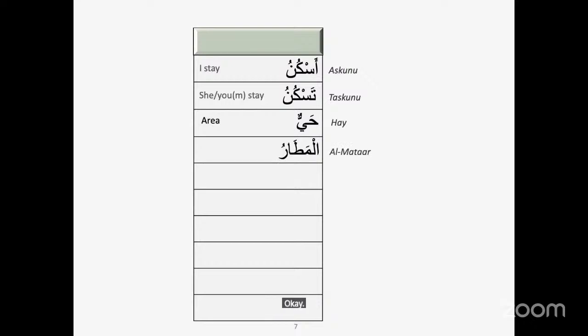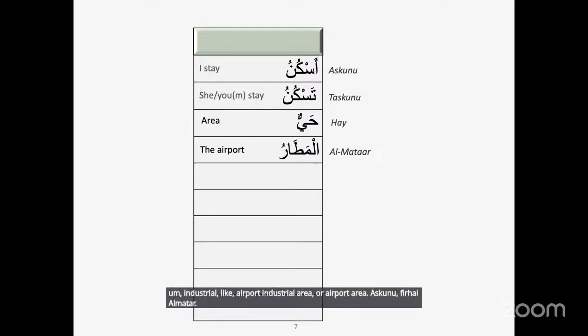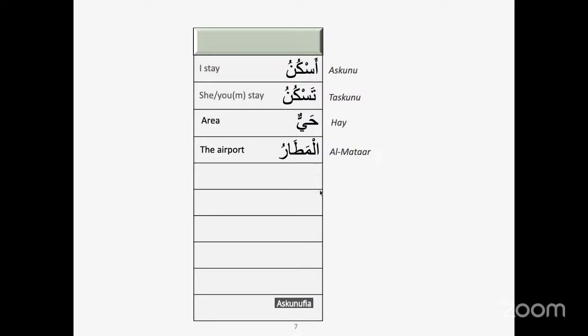Then we have المطار, which is airport. You can even say, for example, airport industrial area or airport area: أسكن في حي المطار, which is something that comes up in this dialogue.